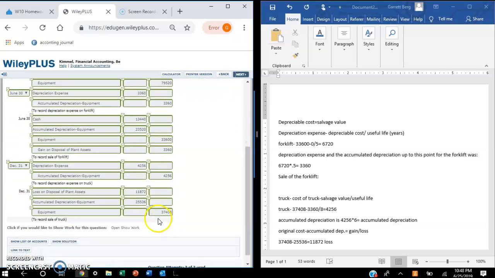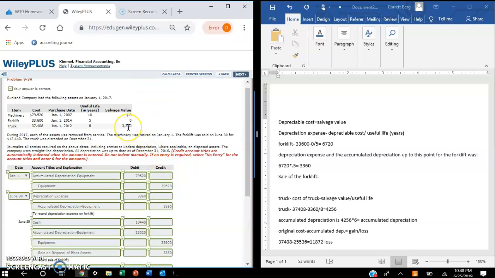Now we do basically that same exact thing for the truck. We have to debit the depreciation expense, and also credit the accumulated depreciation for the equipment. This one has a salvage value up here of 3,360. So we subtract that from the actual cost of the truck, which is 37,408, minus 3,360.